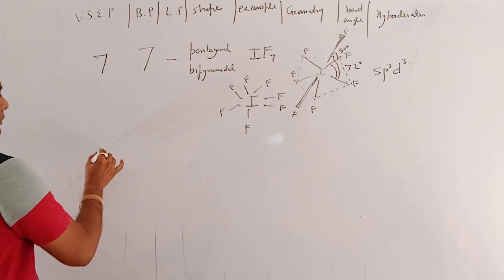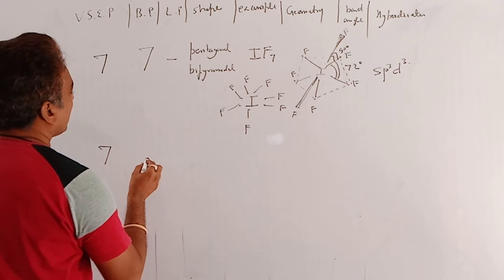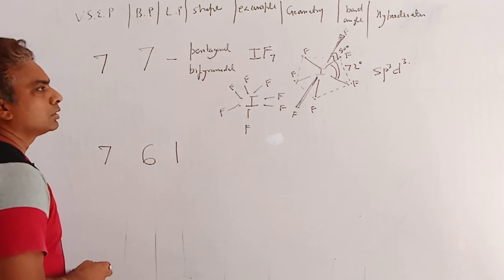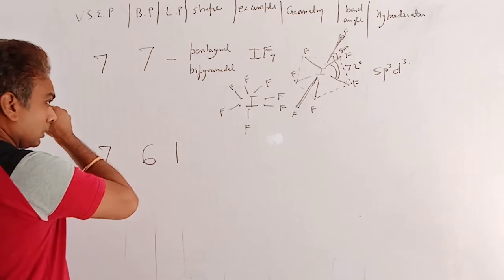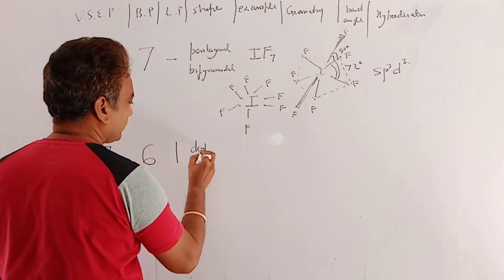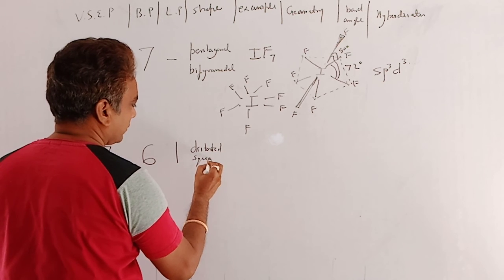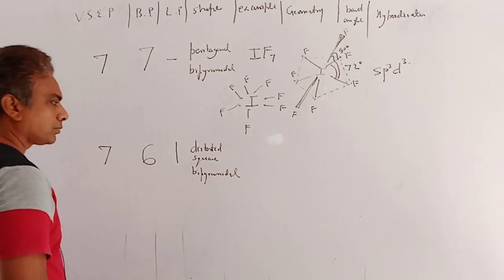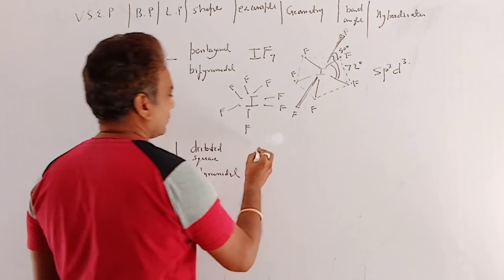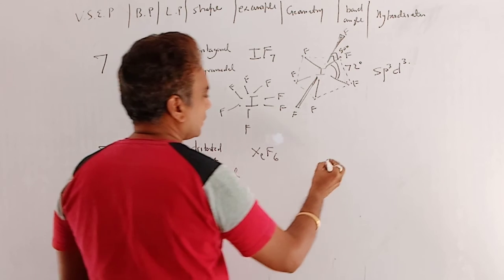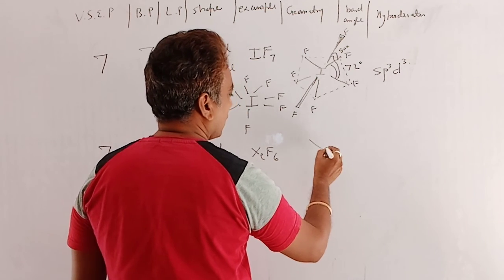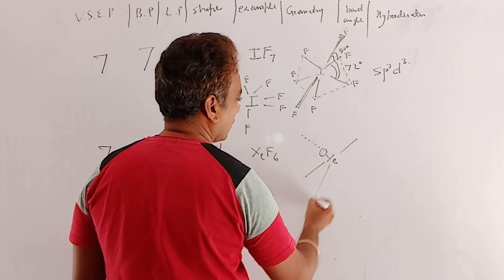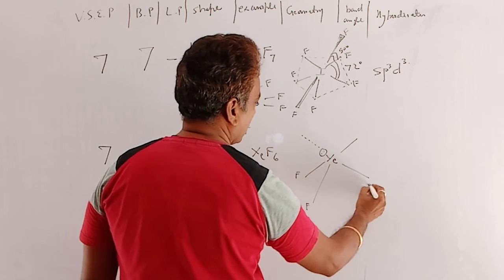Next, if we have 7 VSEPR pairs, 6 bond pairs and 1 lone pair, so here is distorted pentagonal bipyramidal. Example is XeF6. Xenon exists at the center of the pentagon.